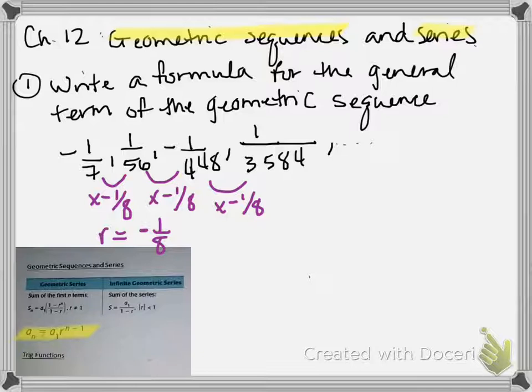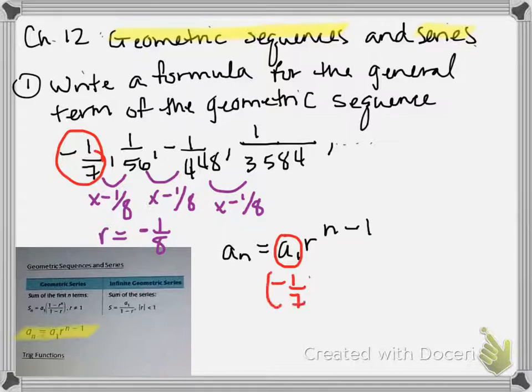So to write a rule for a geometric sequence, I'm going to use the formula a sub n equals a sub 1 times r to the n minus 1 power. A sub 1 is my first term, which is negative 1/7. So I'm going to substitute a sub 1 for negative 1/7.